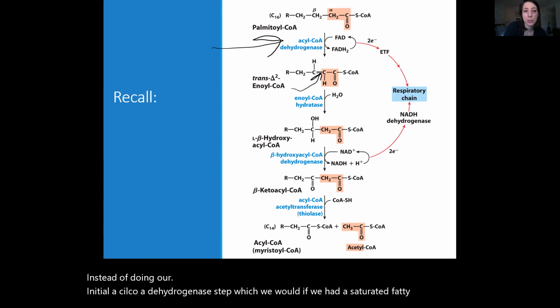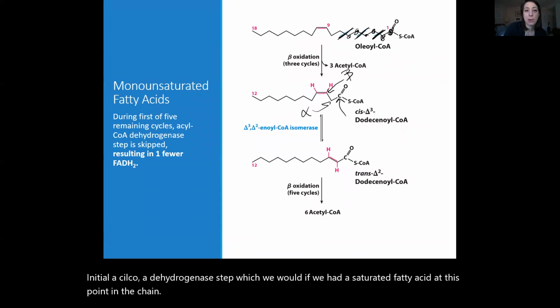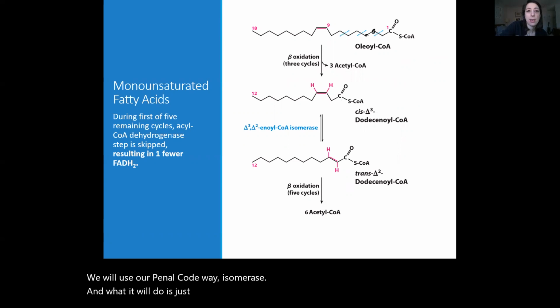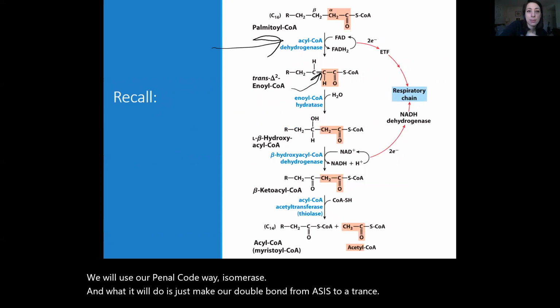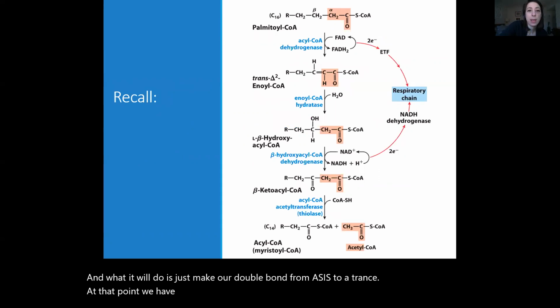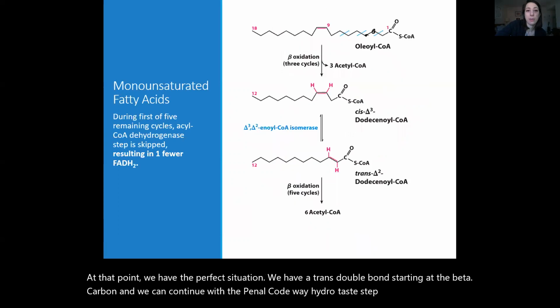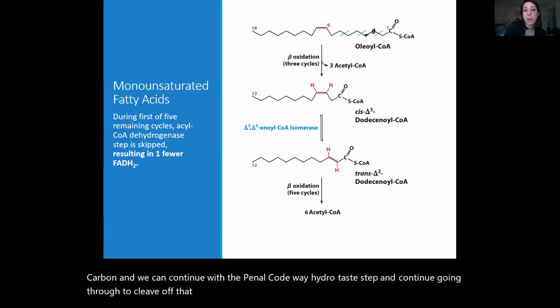At this point in the chain, we will use our enol-CoA isomerase, and what it will do is just make our double bond from a cis to a trans. Well, at that point, we have the perfect situation. We have a trans double bond starting at the beta carbon, and we can continue with the enol-CoA hydratase step and continue going through to cleave off that next acyl-CoA. So beta oxidation can just continue going through.